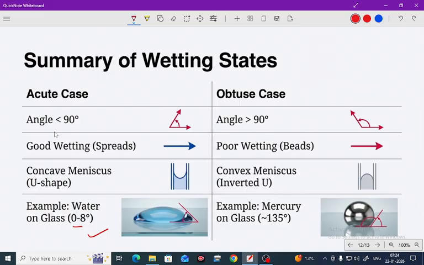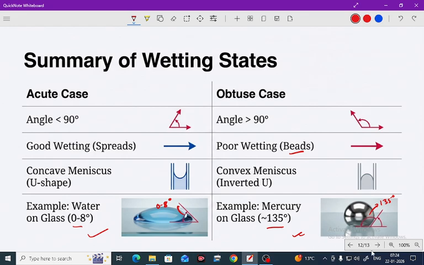Obtuse angle, when angle is greater than 90 degrees: poor wetting, beads, convex meniscus, inverted U. An example is mercury on glass, 135 degrees.